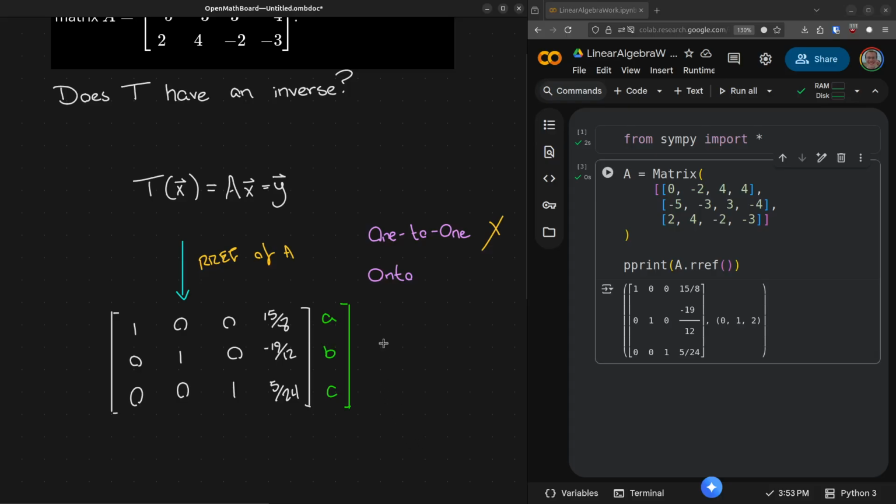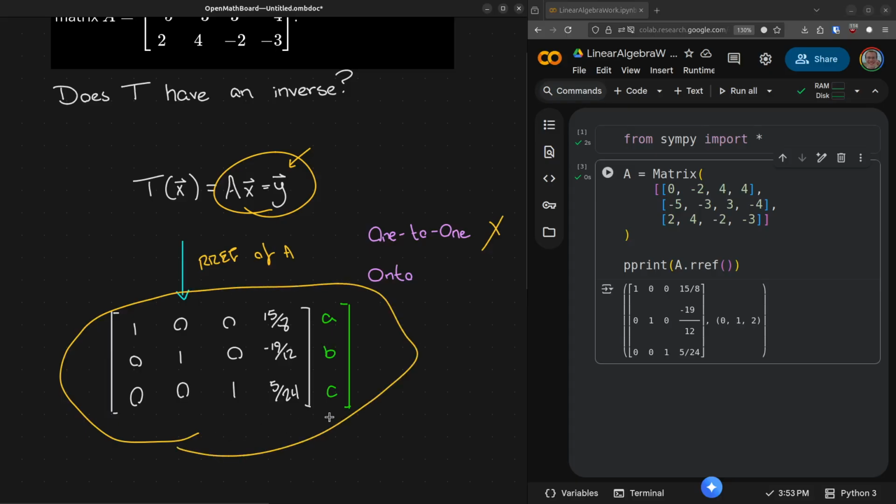Okay, so for an onto function, that means we should be able to plug any y from the codomain in here, and the linear equation will have a solution. So looking at this, will I always have a solution? Well, yeah. There's no row here that would give me no solution, right?